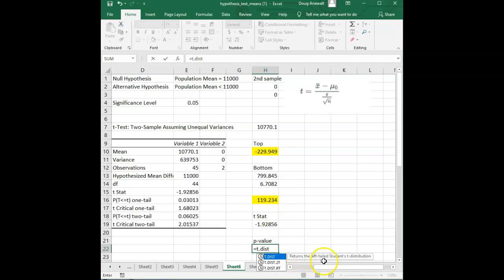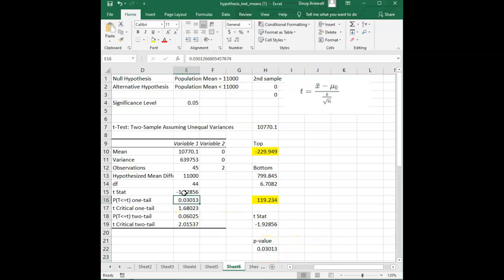You see right here it says we're doing a left-tailed test, so that's the one I want. That's my test statistic. Degrees of freedom is 1 less than your sample size. So 45 minus 1 is 44. And you always want to type in true for cumulative. And there is your p-value.